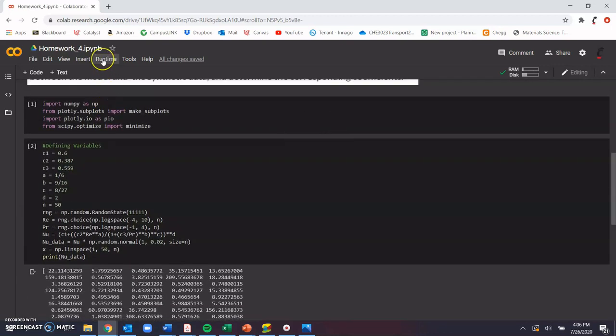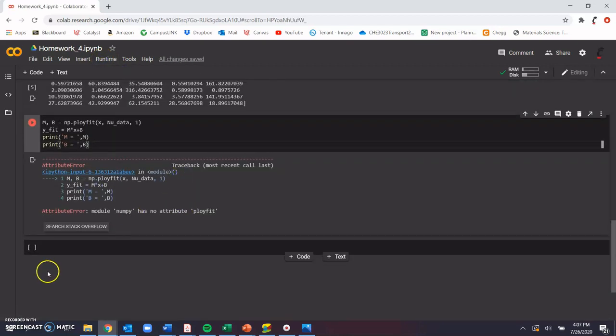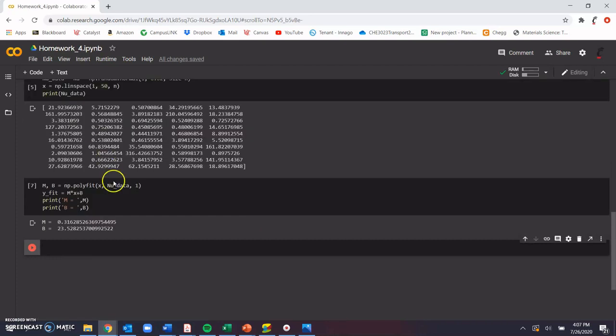So these are coefficients for our m and our b in our linear fit here.